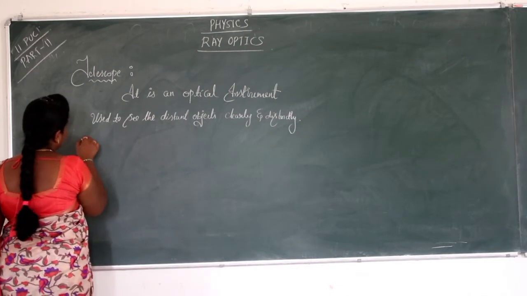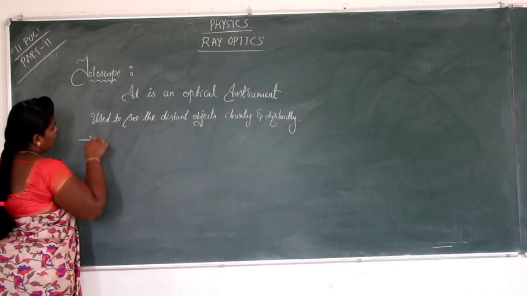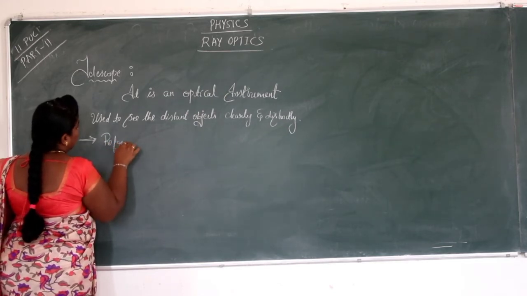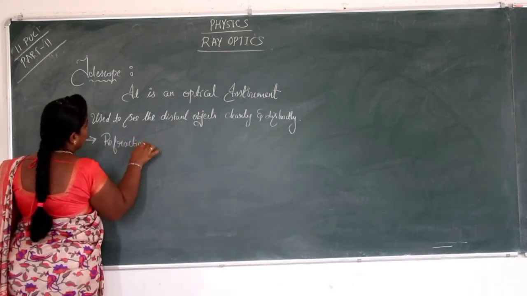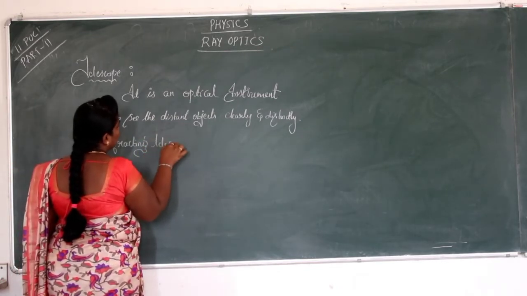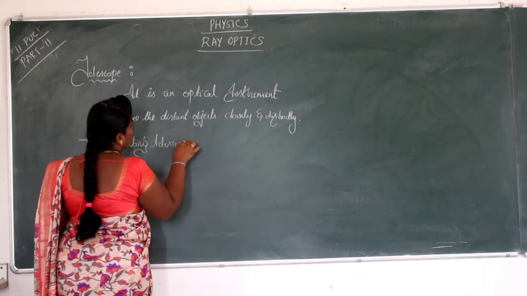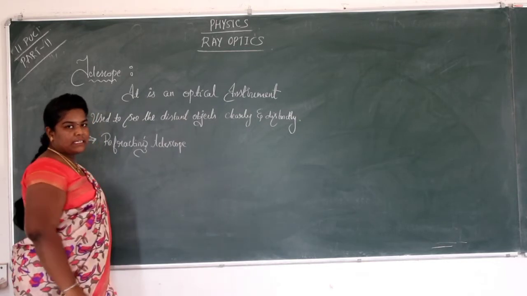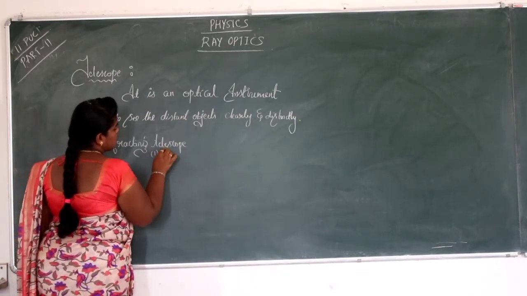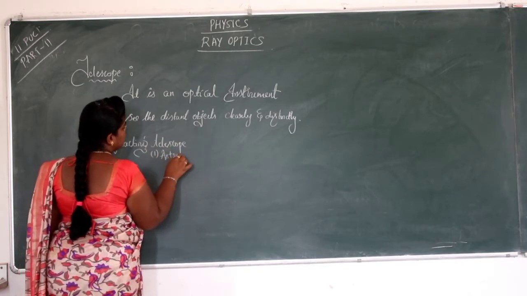So, the types of telescope. What is the first type? That is the refracting telescope. The refracting telescope is again divided into two types. The first one is the astronomical telescope.